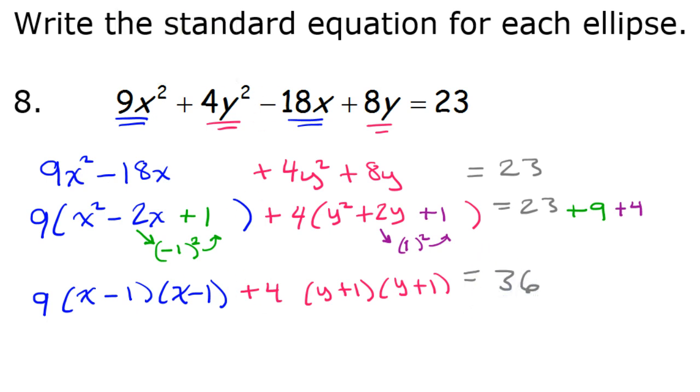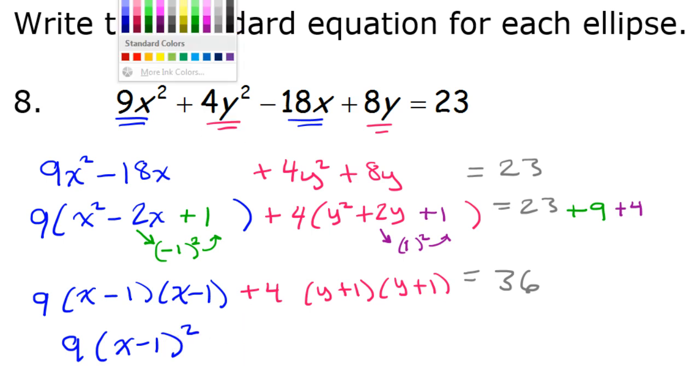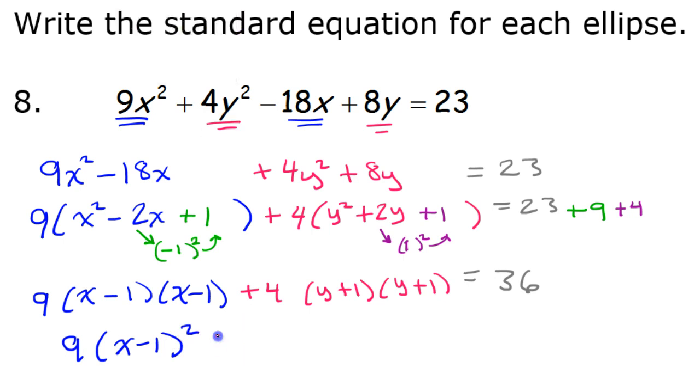So what I have now, really the point of completing the square, is to make sure you get the same binomial twice. Because now I can do this: 9 times x minus 1 squared plus 4 times y plus 1 squared.